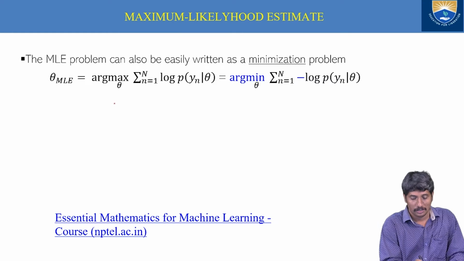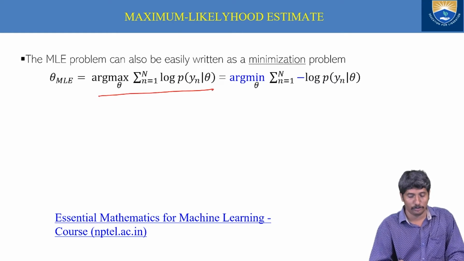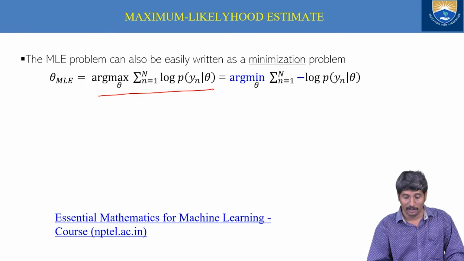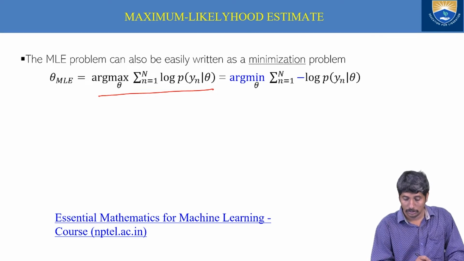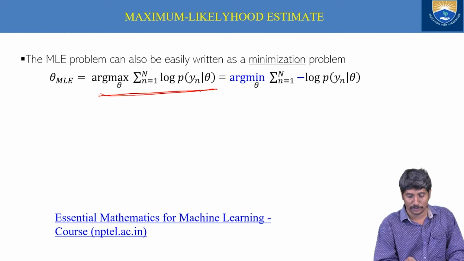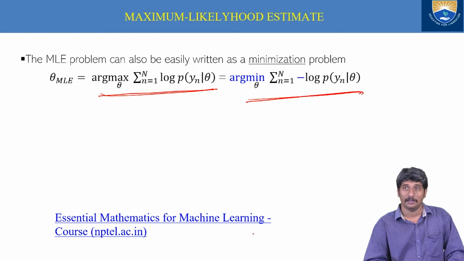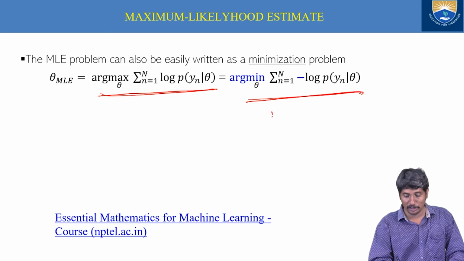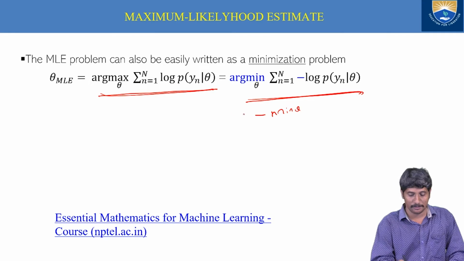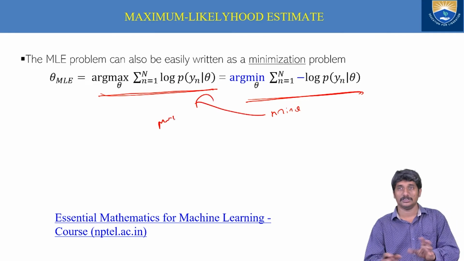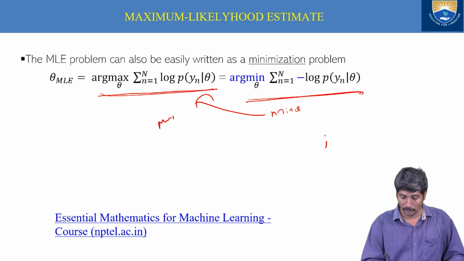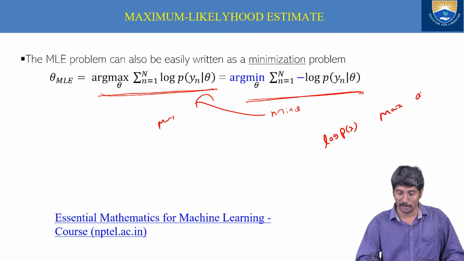Here you could see, after seeing the log likelihood function, if instead of this you consider this function, the minimum value of theta yields the maximum value of theta here, because you know that when log p of x is maximum at some alpha, then minus log p of x will be minimum at the same alpha.